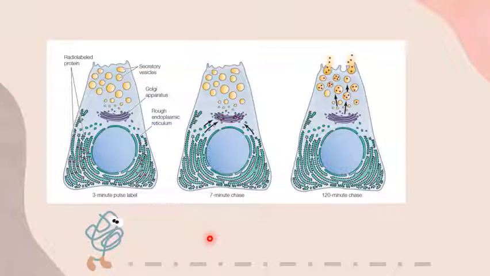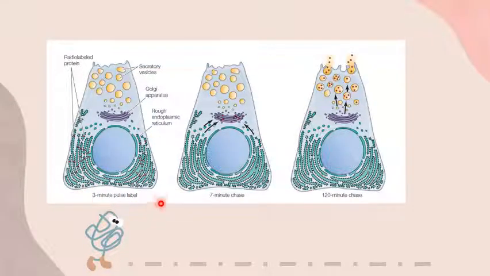This experiment was conducted in pancreatic cells, which secrete most of their newly synthesized protein to the digestive tract. These cells were labeled with radioactive amino acids to study the intracellular pathway taken by these secreted proteins.